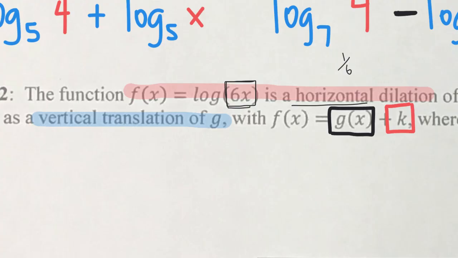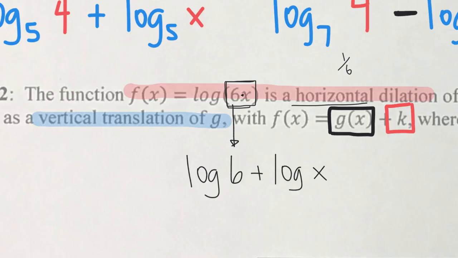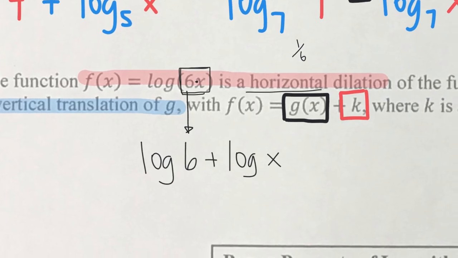We're just going to use our properties of logs, which says addition of logs, or rather multiplication becomes addition. So I can have log of 6 plus the log of x. Right, I can change my multiplication of 6x into the log of 6 plus the log of x. Well, this is your g of x function right here, right? This is our function.